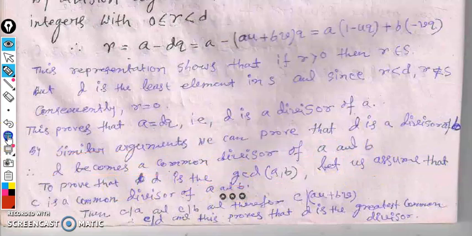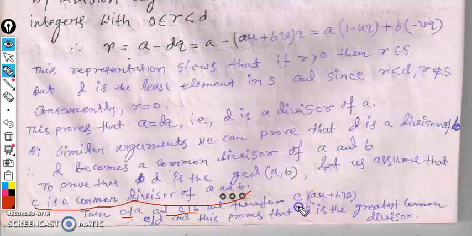For that reason, we consider c to be a common divisor of a and b. Since c divides a and c divides b, according to a theorem we learned in the previous lecture, if c is a divisor of a and of b, then c is a divisor of any linear combination of a and b.